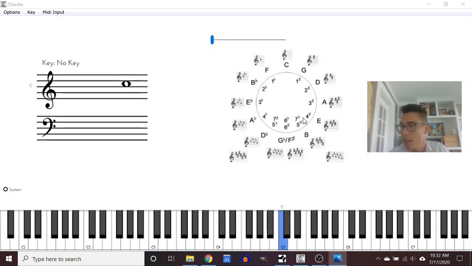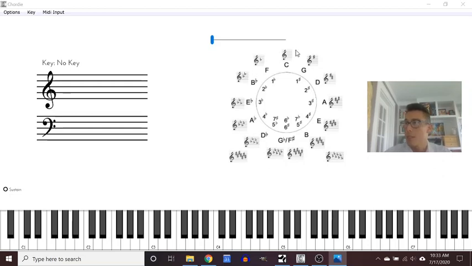Again, F and C are not flatted. So, again, 5 flats: D flat, E flat, F natural, G flat, A flat, B flat, C natural, D flat. And that's how you build your major scales using your circle of fourths.